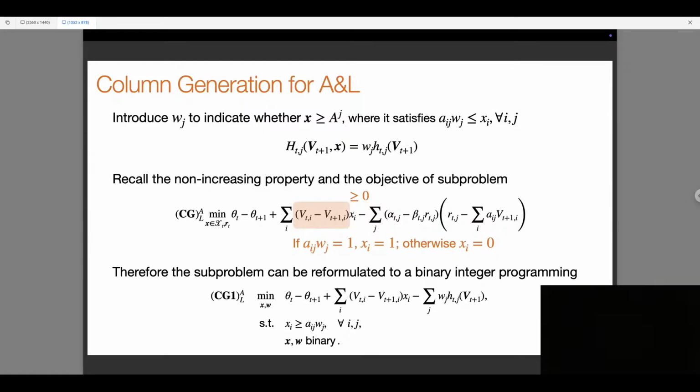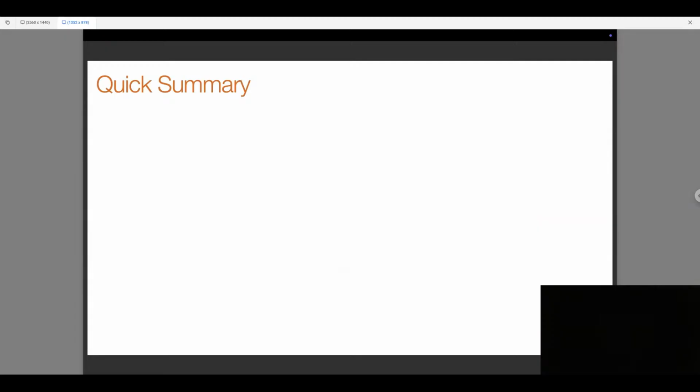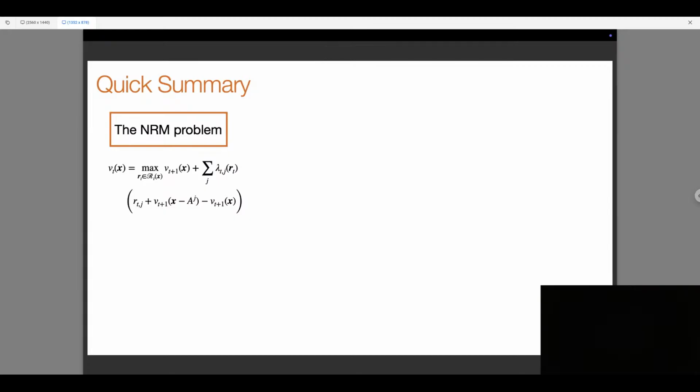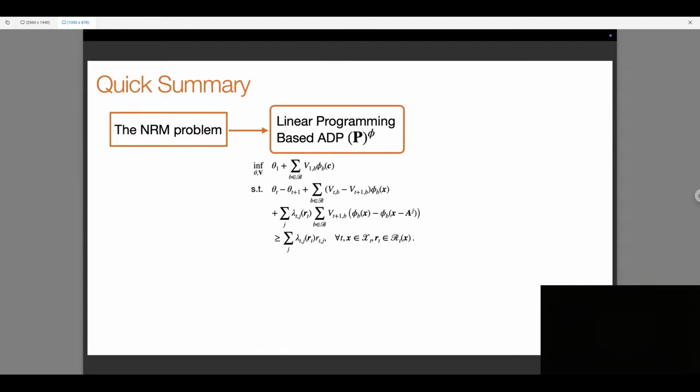So here's the column generation and its simplification for the affine approximation and linear independent demand assumptions. Let's have a quick summary in case we have forgotten the previous part. We start with a network revenue management problem with this DP formulation, and we transfer it with a linear programming based ADP, P phi problem in this form.